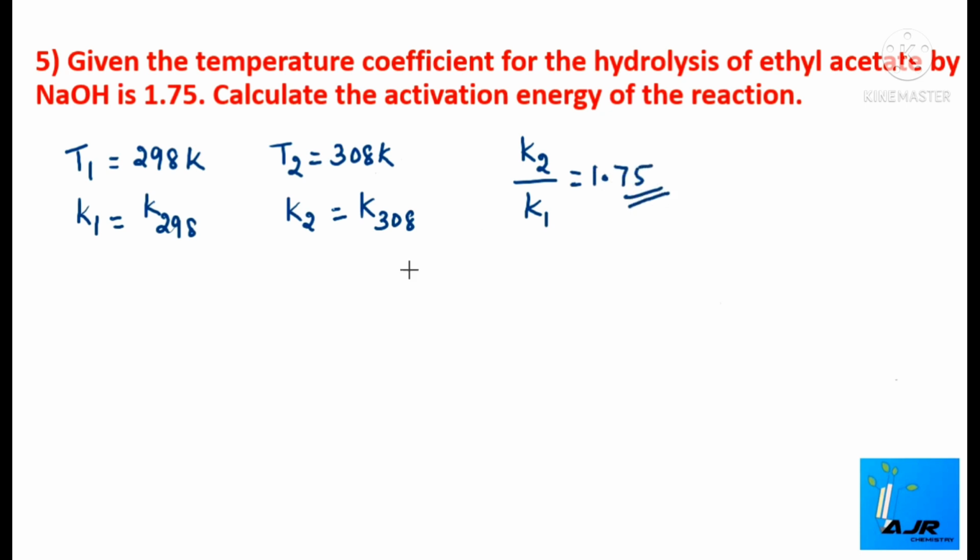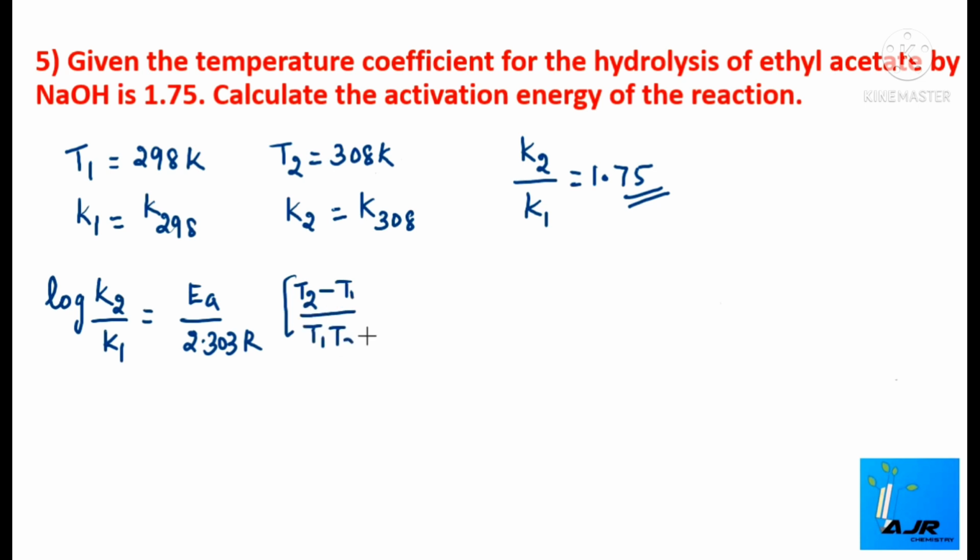The Arrhenius equation is log K2/K1 = Ea/(2.303 R) × (T2 − T1)/(T1 T2). We know K2/K1 is 1.75, so we substitute.